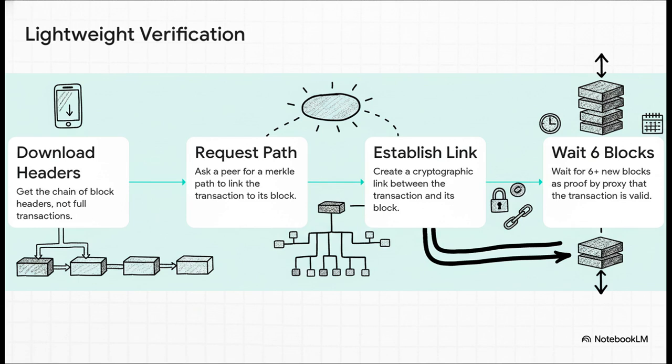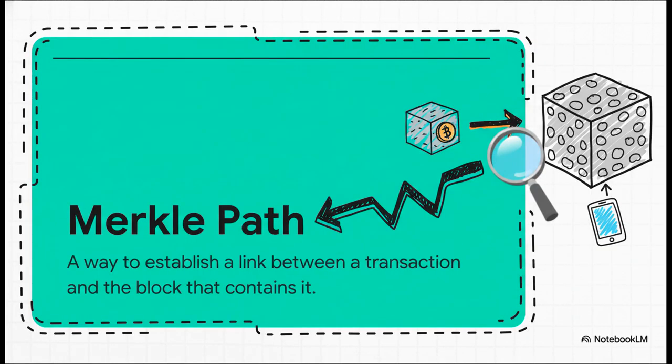After about 6 new blocks, your wallet goes, okay, looks legit, trusting that the rest of the network agrees. So this Merkle path thing sounds complicated, but you can just think of it as a cryptographic receipt. It's a tiny piece of data that proves your transaction is definitely included inside a specific block, without your phone having to see all the millions of other transactions in that block. It's an unbelievably efficient trick.